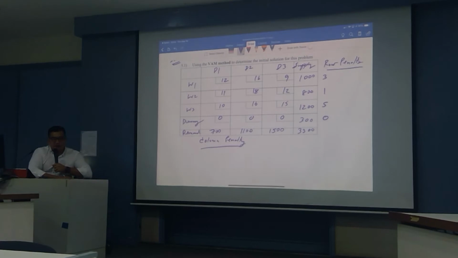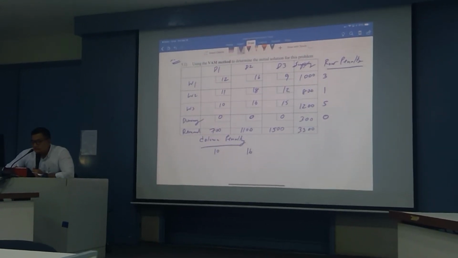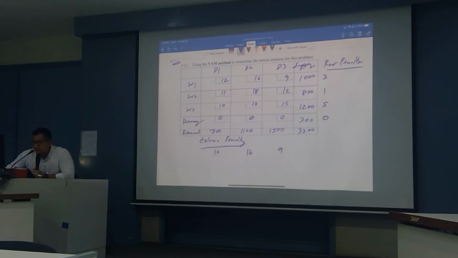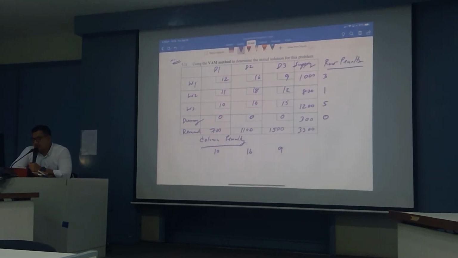For the first column, the two lowest costs are 0 and 10, so the difference is 10. The second column, 0 and 16, so the difference is 16. The third column, 0 and 9, the difference is 9. So for the first round of penalty values, the highest penalty value is 16.